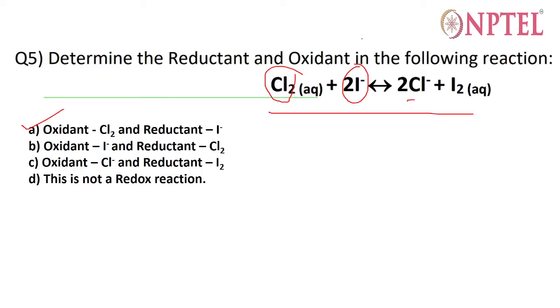You can even see it in the form of charge, like it was having some extra electron. This one had an extra electron and gave it to the chlorine, right? So chlorine is accepting the electron, so now it has the electron. And what about this iodine? Now it doesn't have the extra electron.